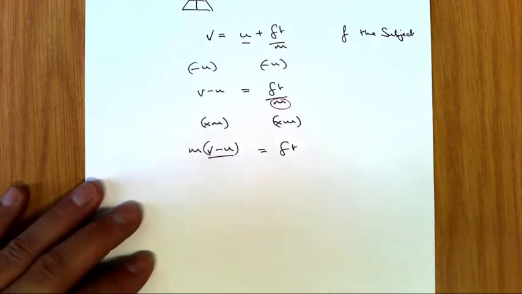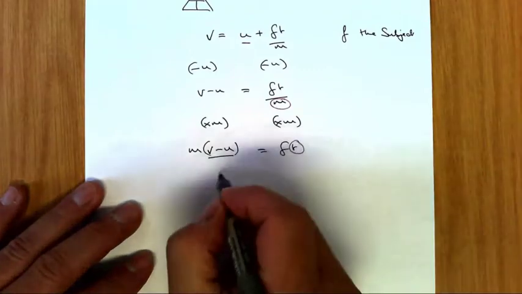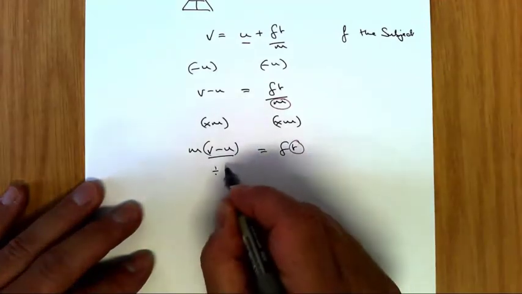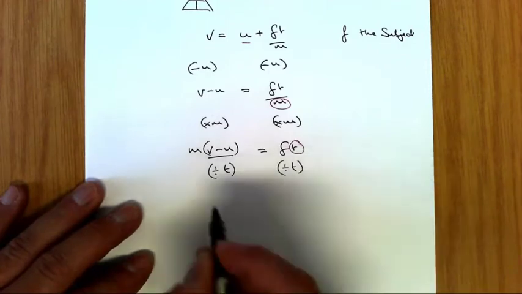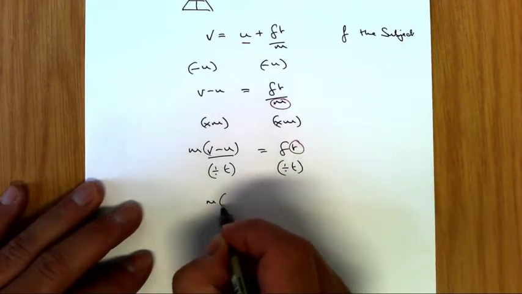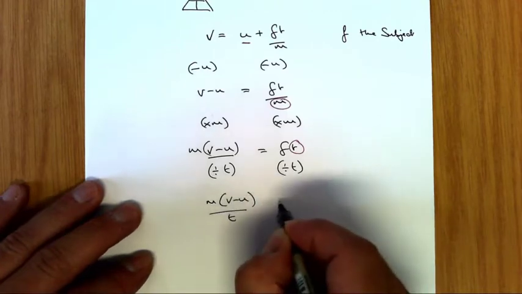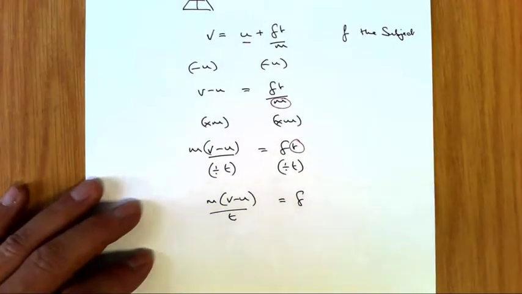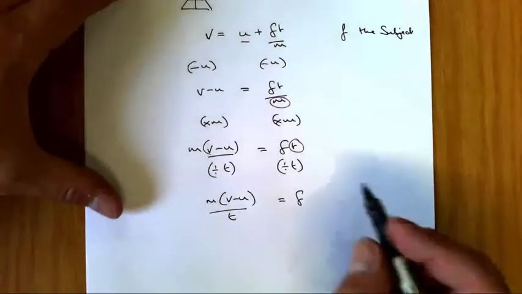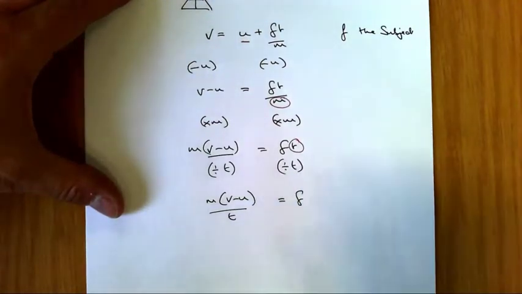And then we're just left with this T. I'm going to get rid of that one by dividing both sides by T. So we end up with M(V minus U) over T equals F. And at this point we could just rearrange this so that F is on the left, and it's only for looking nice that we would do that.